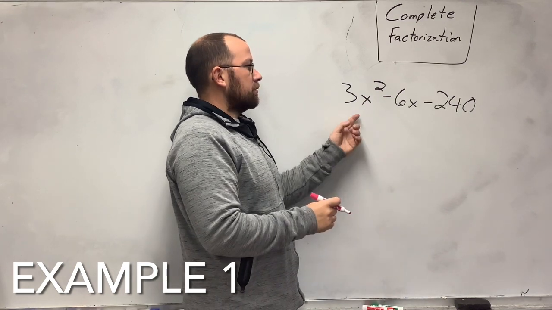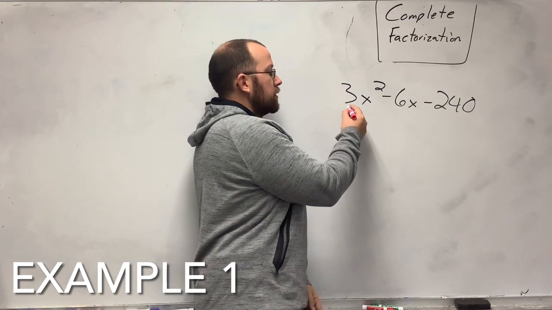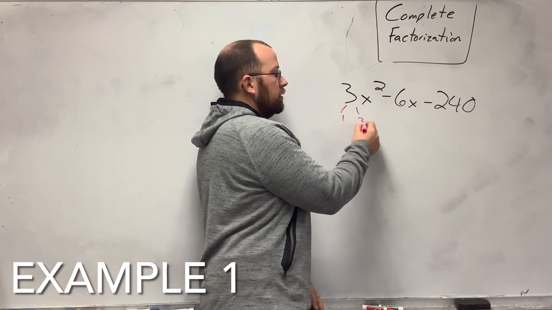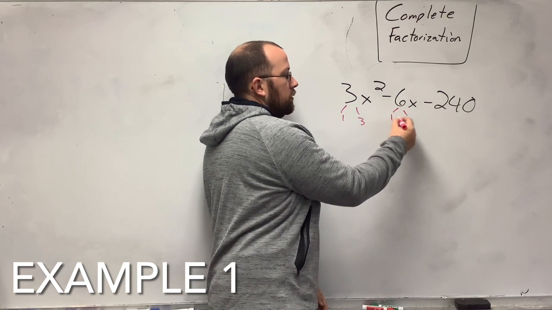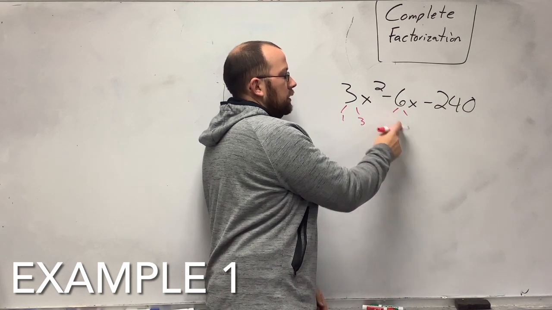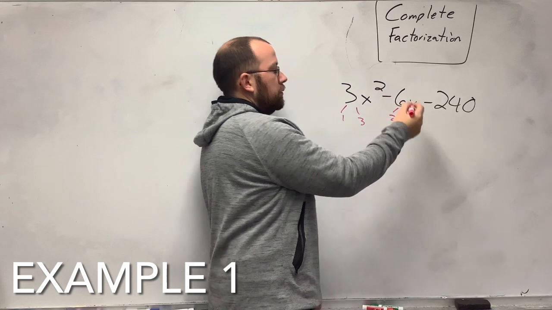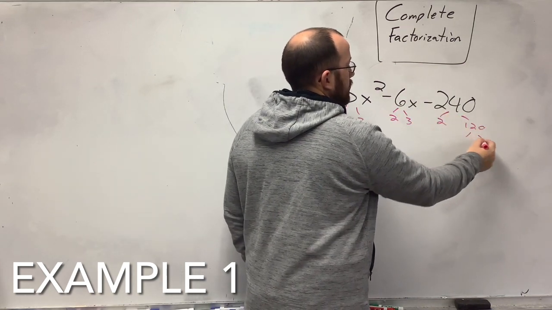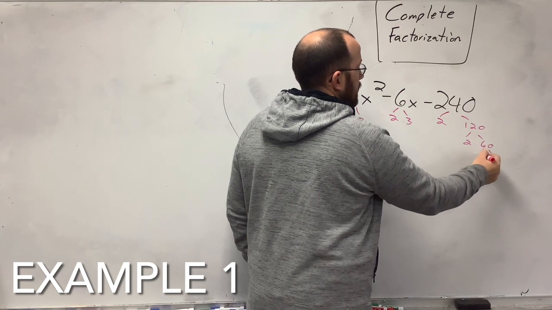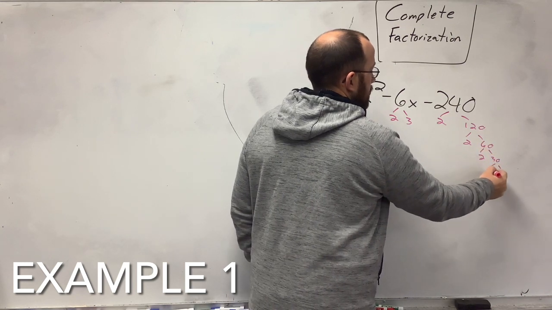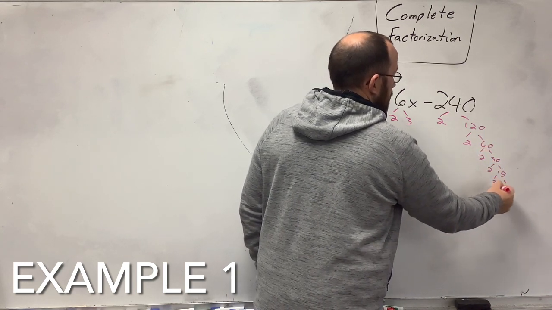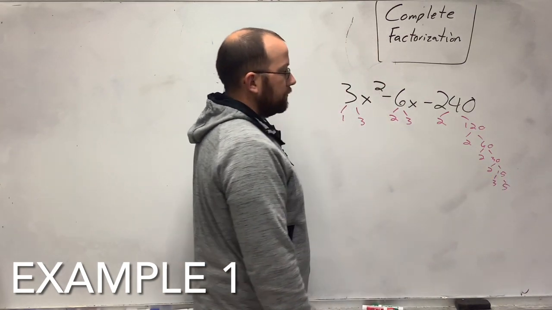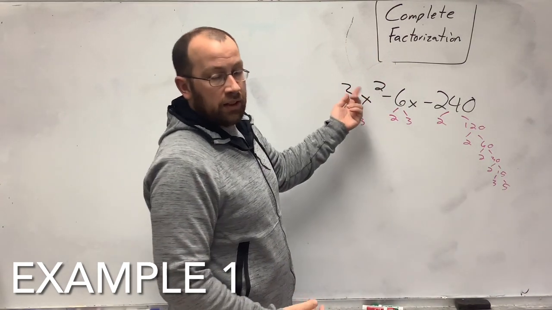So in this, I do. I'll do my factor tree. And that's what I get. Now I can look at this and know it's 3.